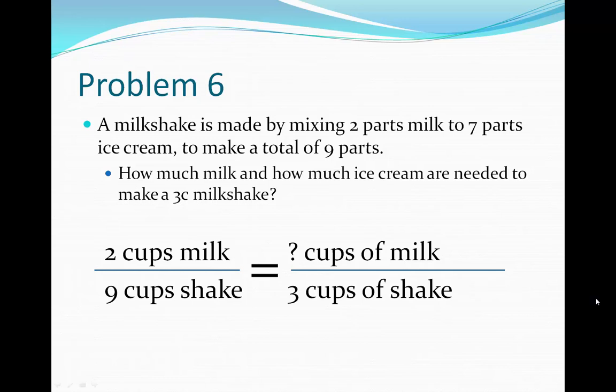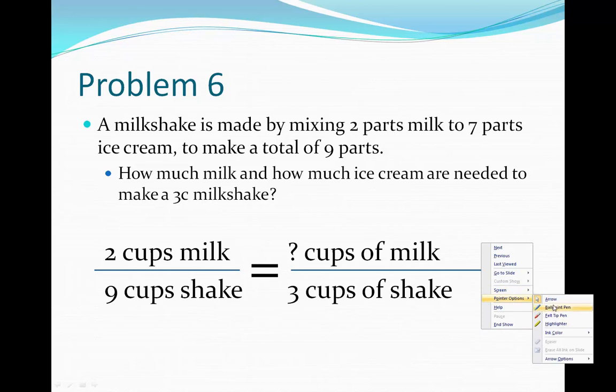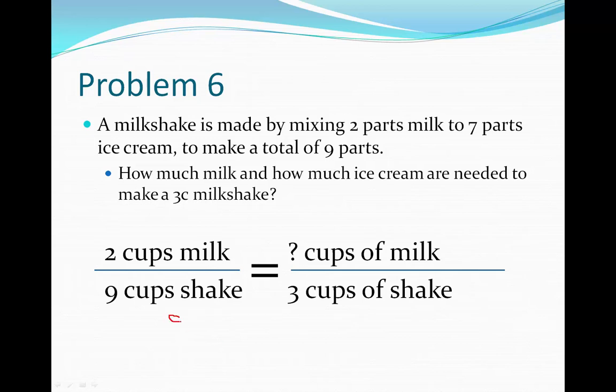Well, in this case, I just notice that 3 is a third of 9. So essentially, I just happen to notice that 9 divided by 3 equals the 3 cups of shake.